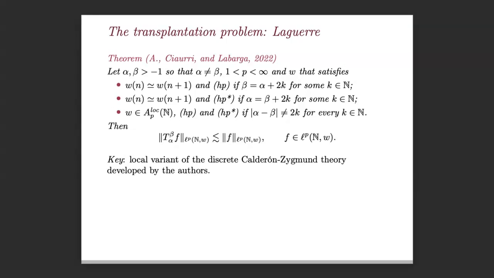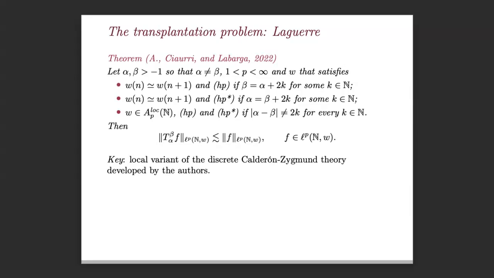Again, the key is a discrete Calderón-Zygmund theory, but this time we need a local variant developed by the authors. And note, please, again, that the case p equals 1 is still open in this setting.